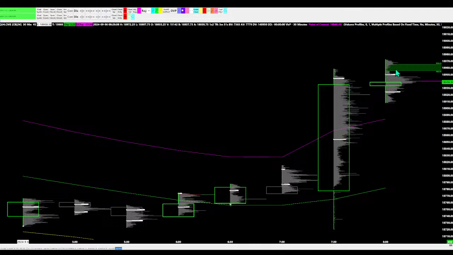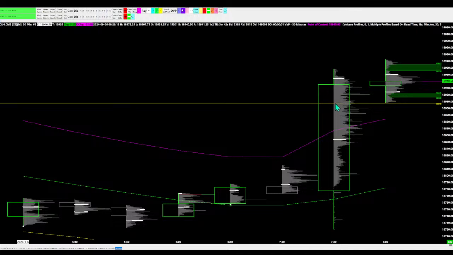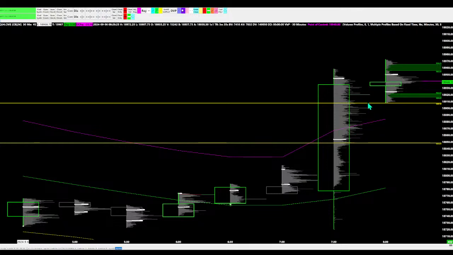If we do, I'll have to erase it, right? So if we open up here, it's this, and it's this. That's the micro level. Then, I don't want to trade from here to about right there, right? That becomes a no trade zone. Why? Because it may work, but there's too much volume in there already, okay?